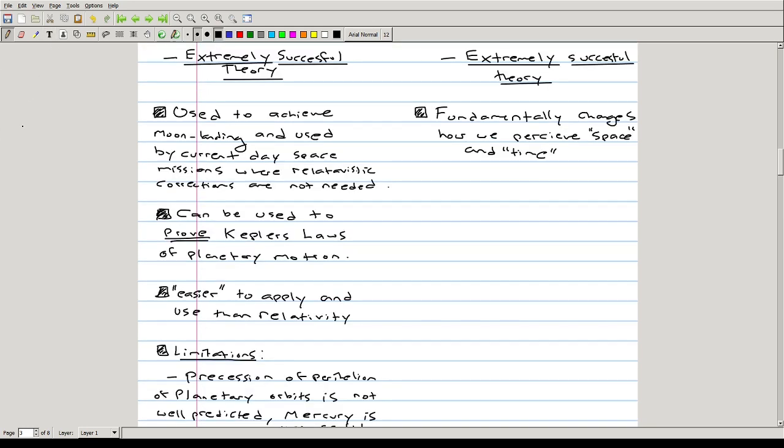Einstein's theory of general relativity is actually required to create modern GPS systems and a number of other modern systems.